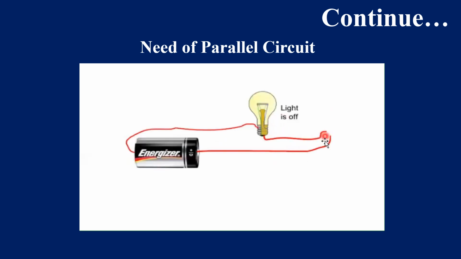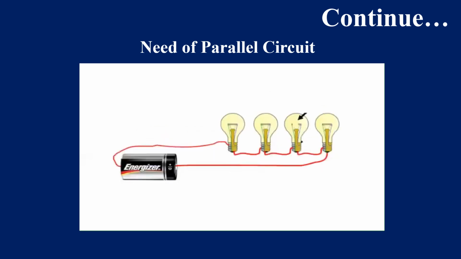If we remove one bulb from this circuit, then the whole circuit goes off because current cannot flow through. You can have more than one light in the circuit on the same path, but if one light goes off, the whole circuit goes off as well.